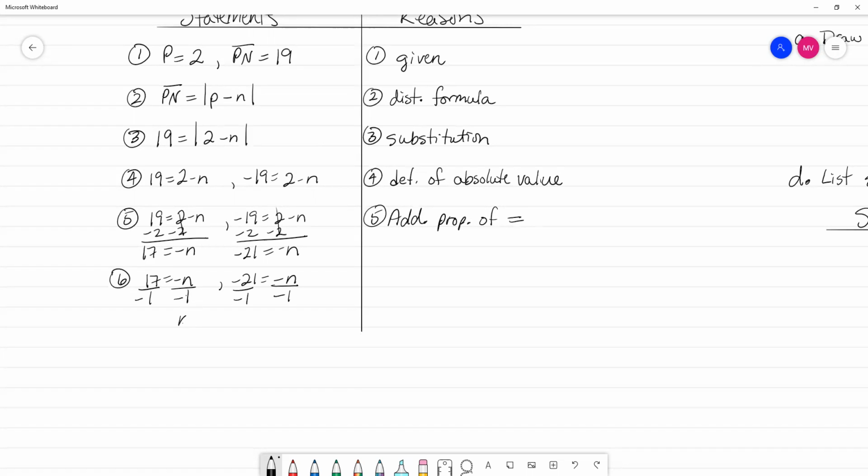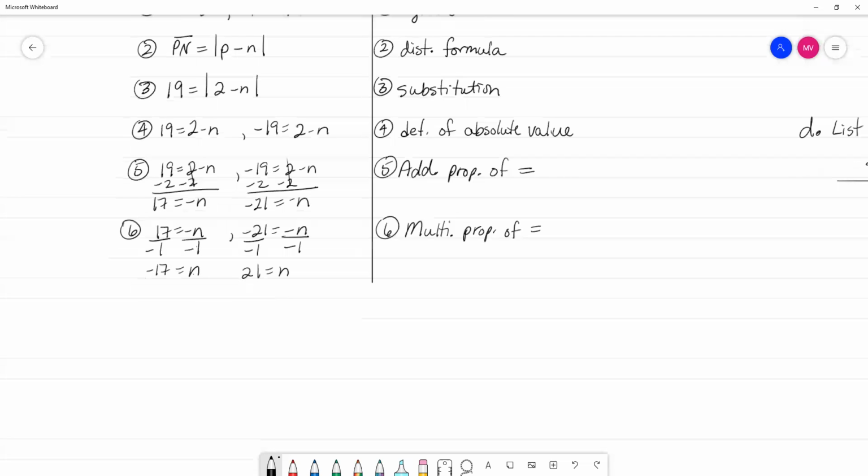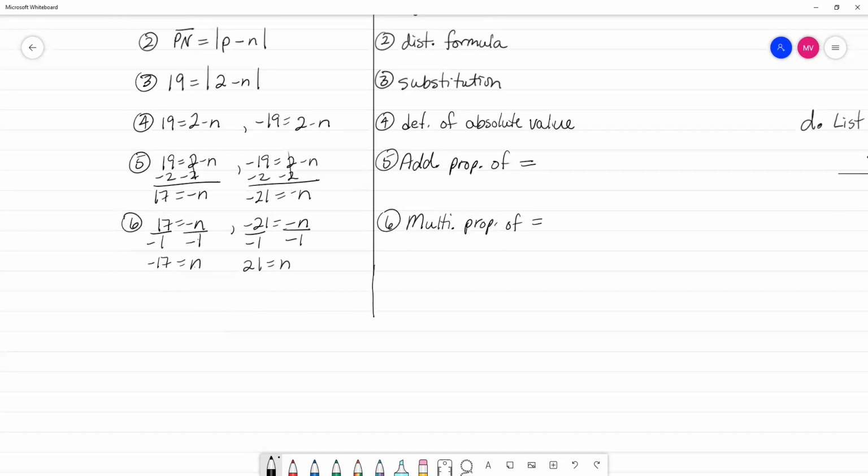And we are left with n equals negative 17 and a positive 21, because negative divided by a negative is positive. This is the multiplication property of equality. And then last but not least, we have our symmetric property of equality, which puts them in the right order.